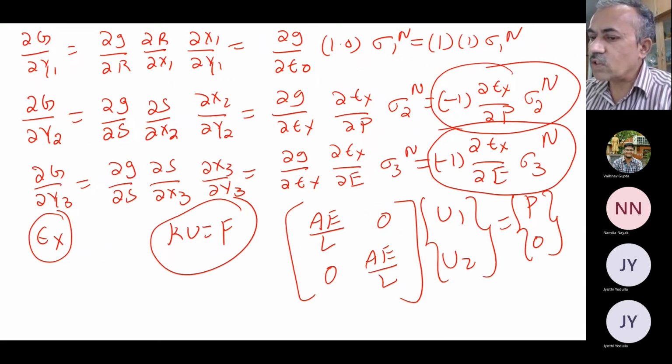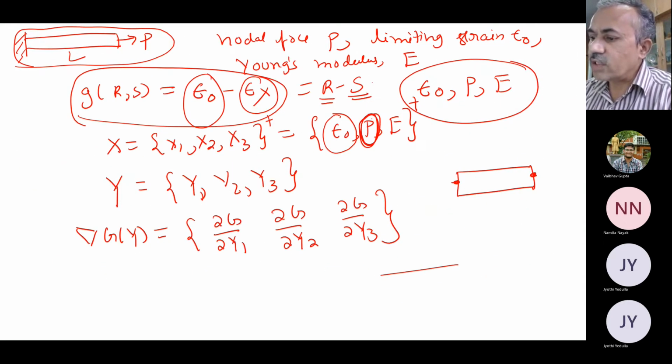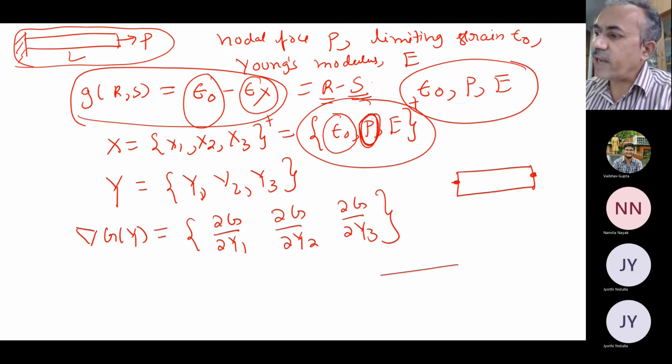So in this problem also we have done this, right? When I am doing this, what is this x? In this problem, limiting strain, load, and then Young's modulus we have taken.